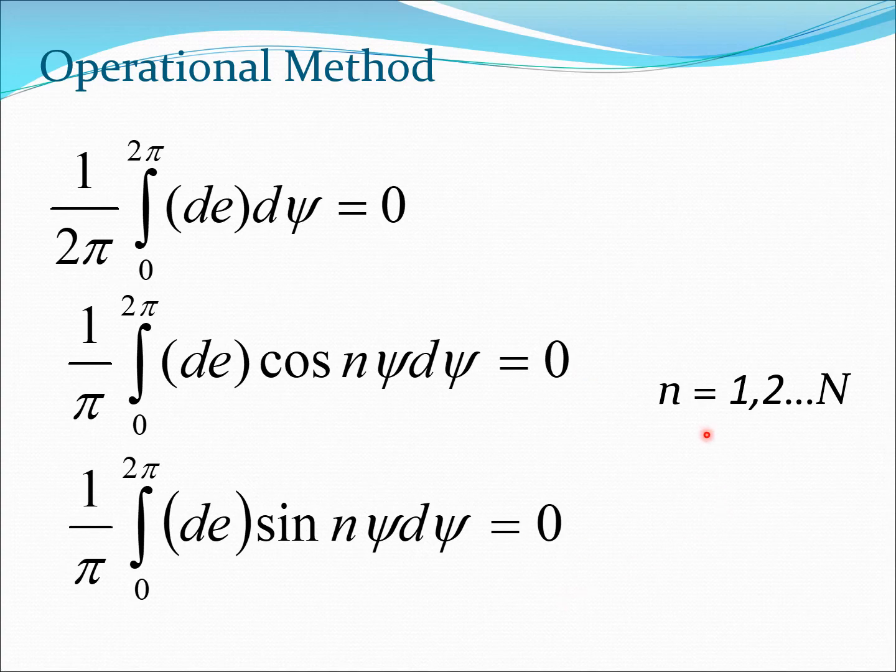So once you do this, and you have to do this for n equals 1, 2, all the way to n. Remember again, this is a finite Fourier series. And once you do that, you are going to get a set of equations which you can then solve, and that will yield the solution to you in terms of the values of beta 0, beta nc, and beta ns.